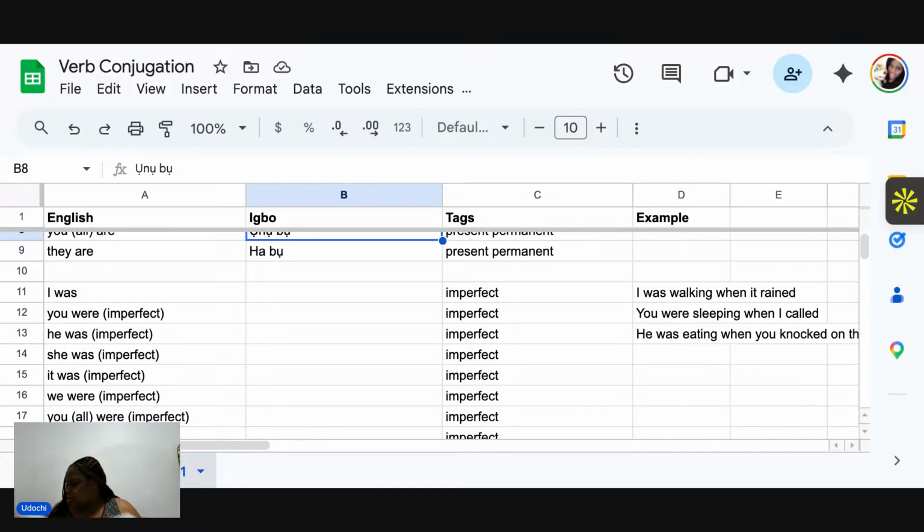So let's save that for when we come to something that needs that example. But she doesn't really have it. So let's see if we have imperfect tense in this book. This is actually an Igbo dictionary by Michael J.C. Echeru. So I'm going to look into this dictionary and see if they have it.